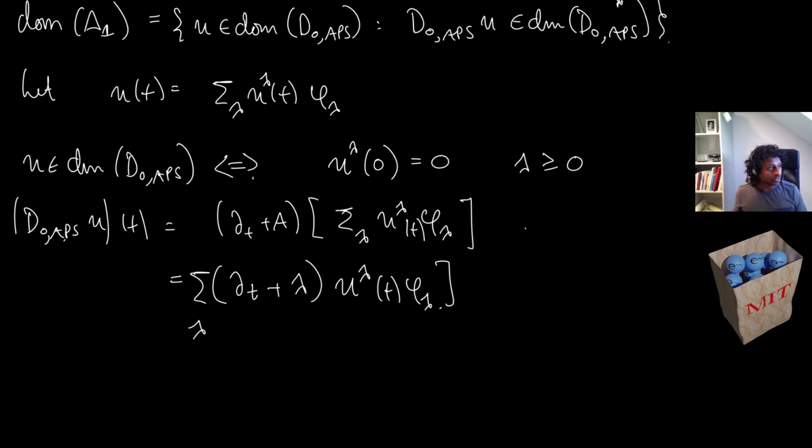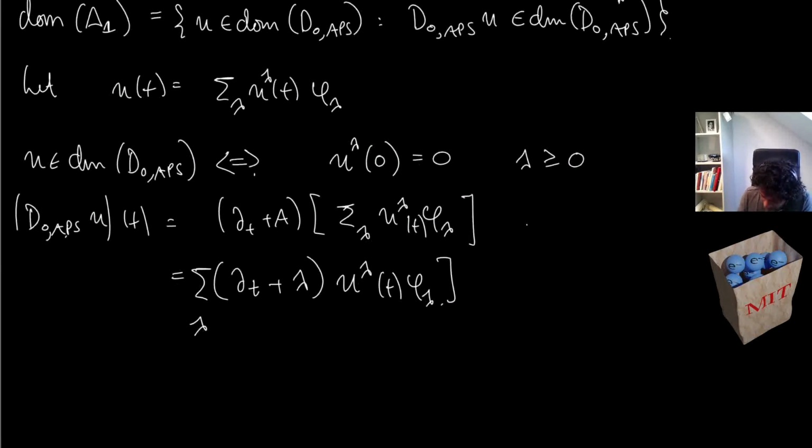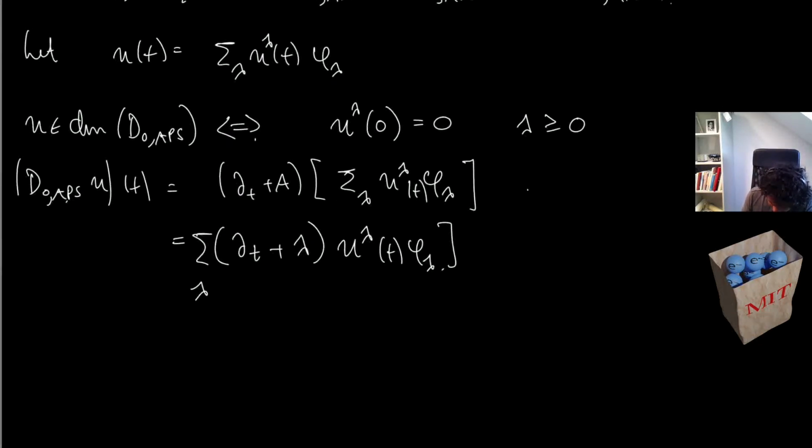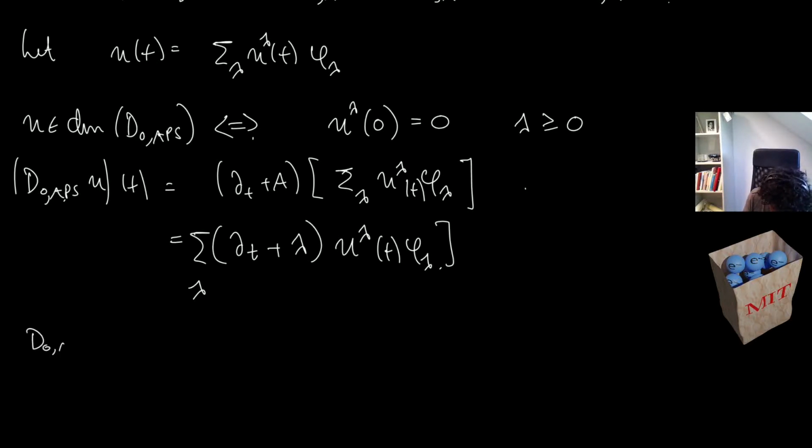So now we can explore the second condition, right? So d naught APS u in dom d naught APS star. What does this mean?